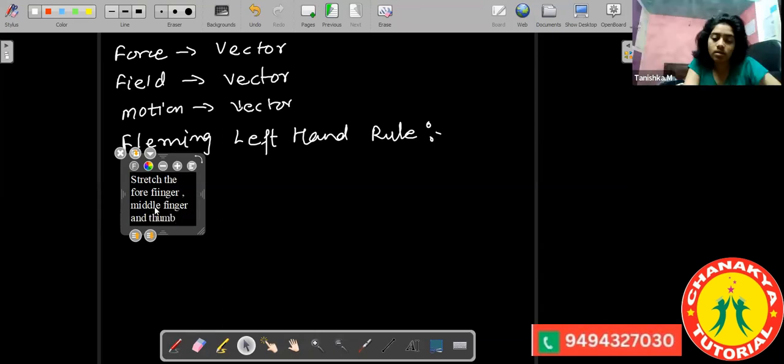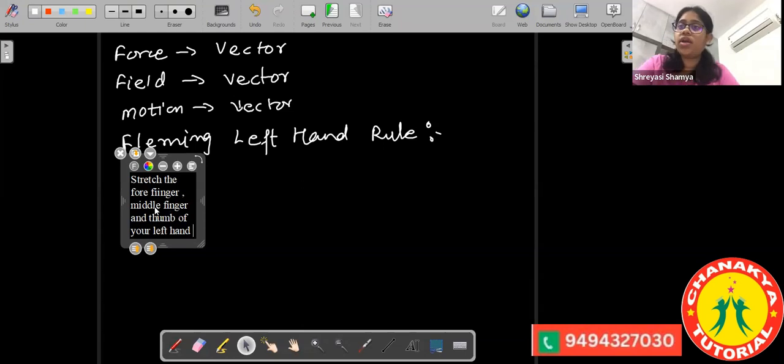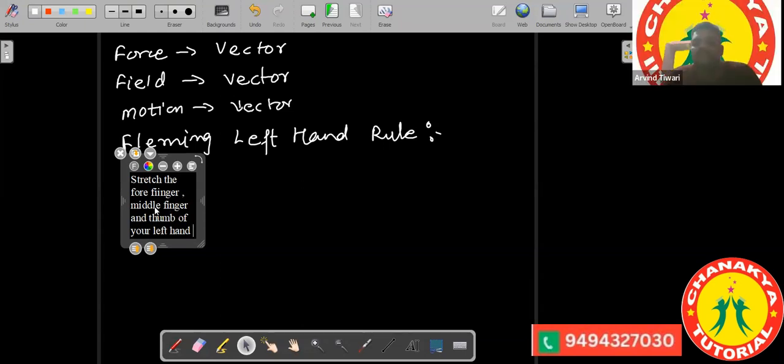Sir, is it the index finger, middle finger, and the thumb stretched out to be perpendicular? Yeah. Complete the statement. They all are mutually perpendicular to each other. Stretch the forefinger, middle finger, and the thumb of your left hand mutually perpendicular to each other.